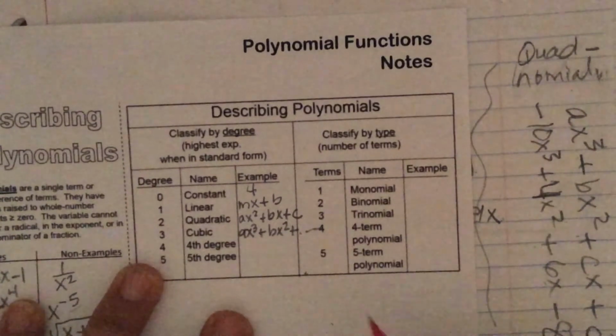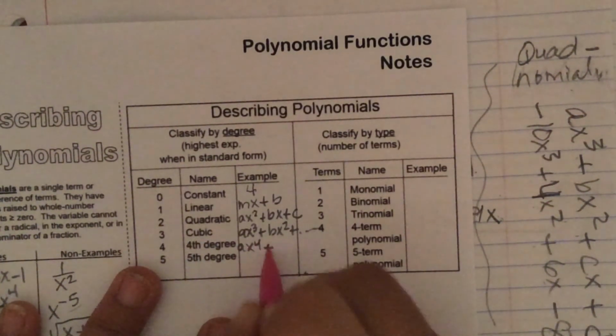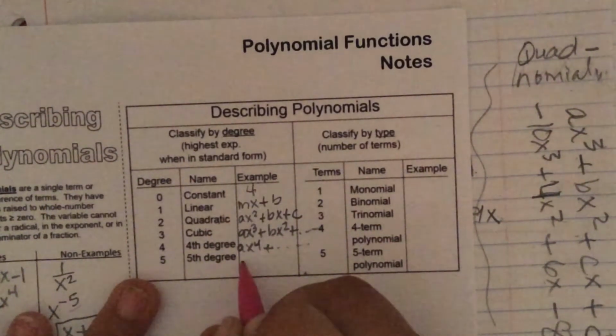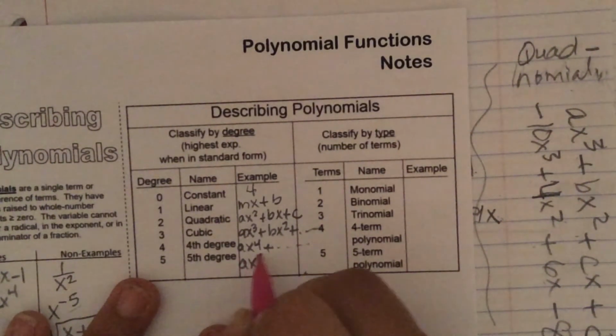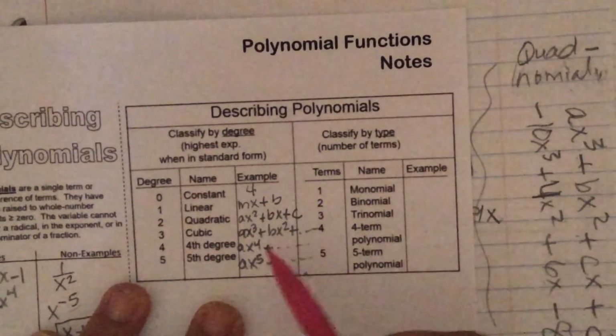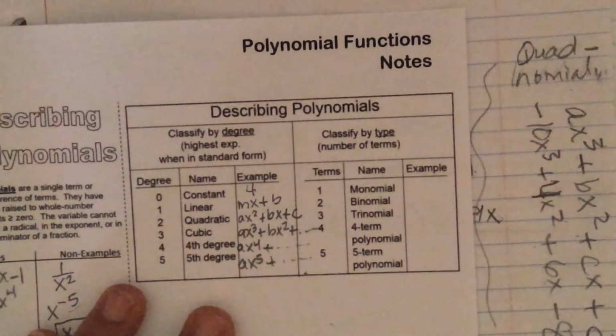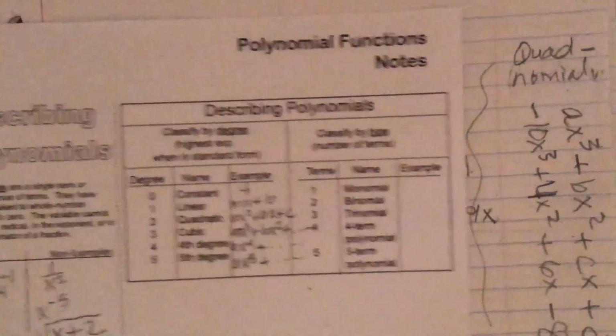You keep going. And then a 4th degree would be ax to the 4th plus and so on. And then ax to the 5th is the 5th degree, going down. So you go in descending order from 3 to 1 and then the constant.